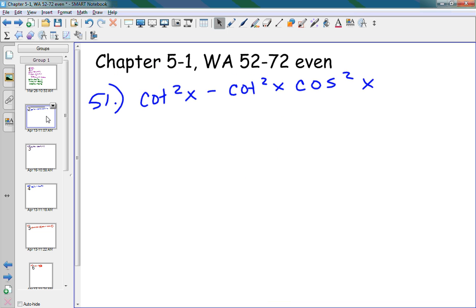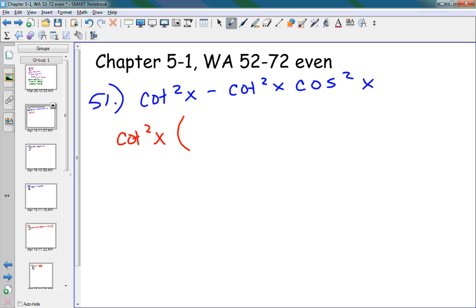Okay. So, with that said, number 51, it says to factor first. So when I factor, the first thing you need to look for is, do I have a GCF? I do, and what is it? It is the cotangent squared of x.